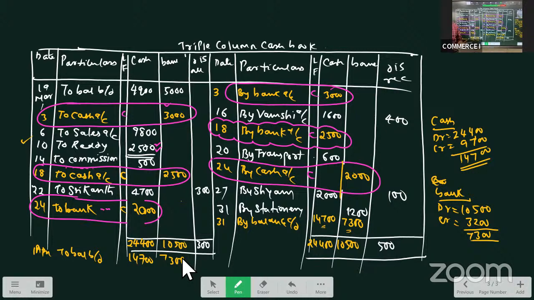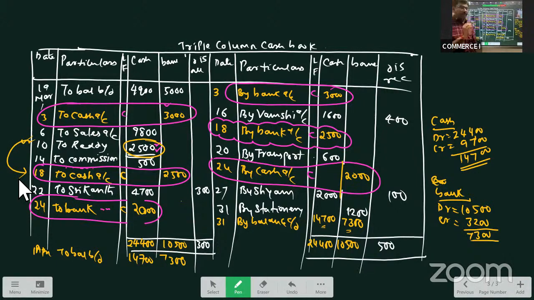Just focus on two transactions. One is deposited into bank, that is cash paid into bank. It is a contra entry. The other one is withdrawn from bank for office use. That is also a contra. And one more, when a check is received on one day and deposited into bank on some other day, as in this case, we received a check of Reddy on 10, but I wrote the amount in cash column because the check is deposited into bank on 18.